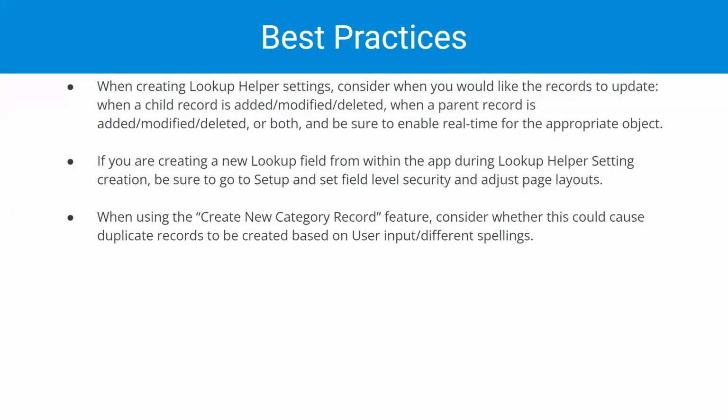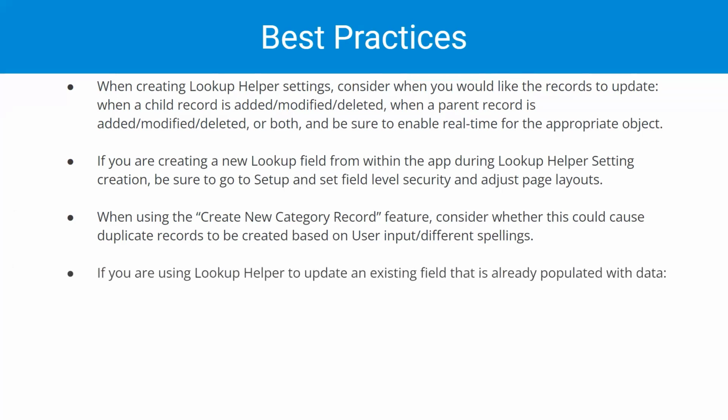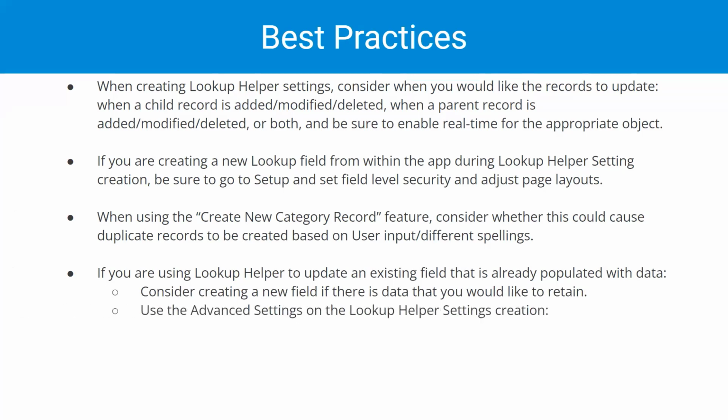When using the Create New Category Record feature, consider whether this could cause duplicate records to be created based on user input or different spellings. If you're using Lookup Helper to update an existing field that's already populated with data, consider creating a new field if there is data that you would like to retain.